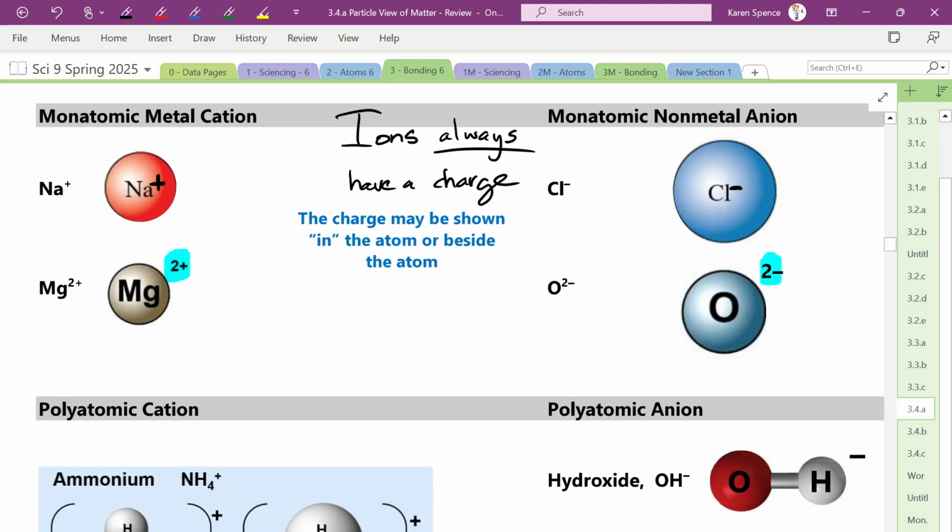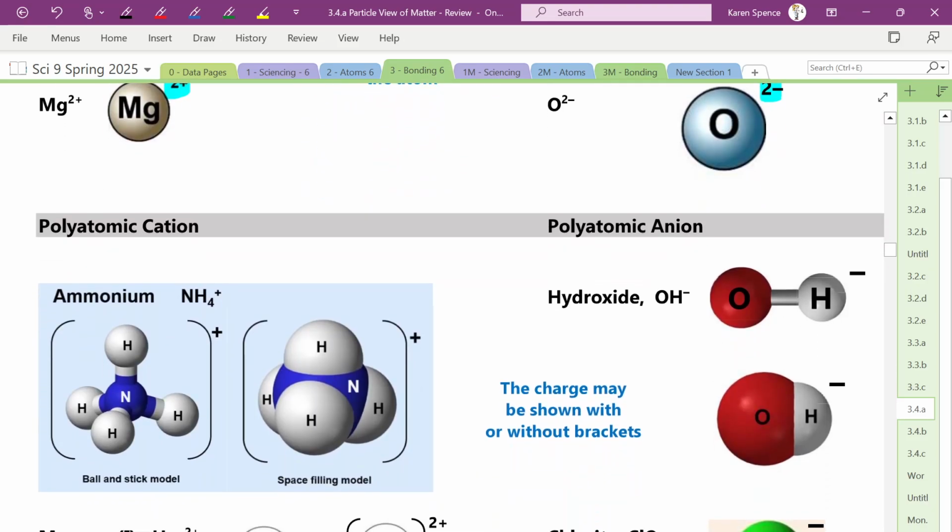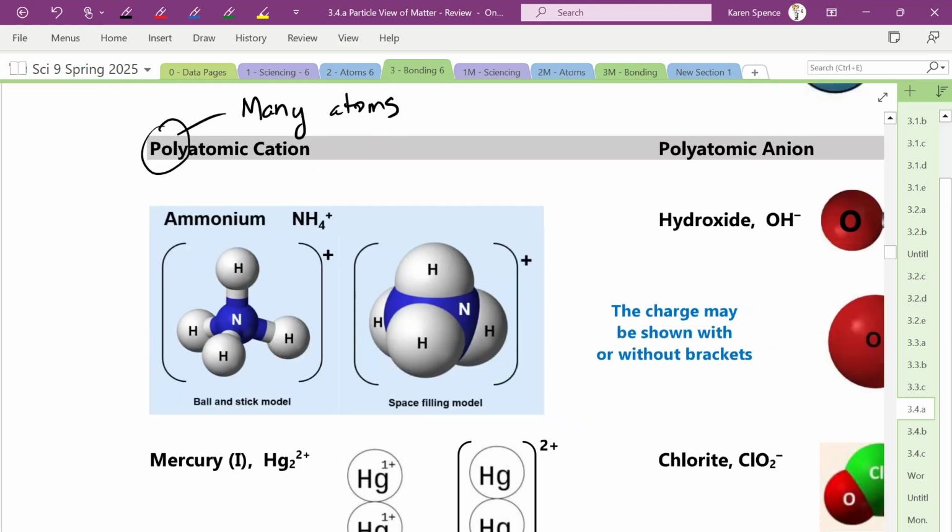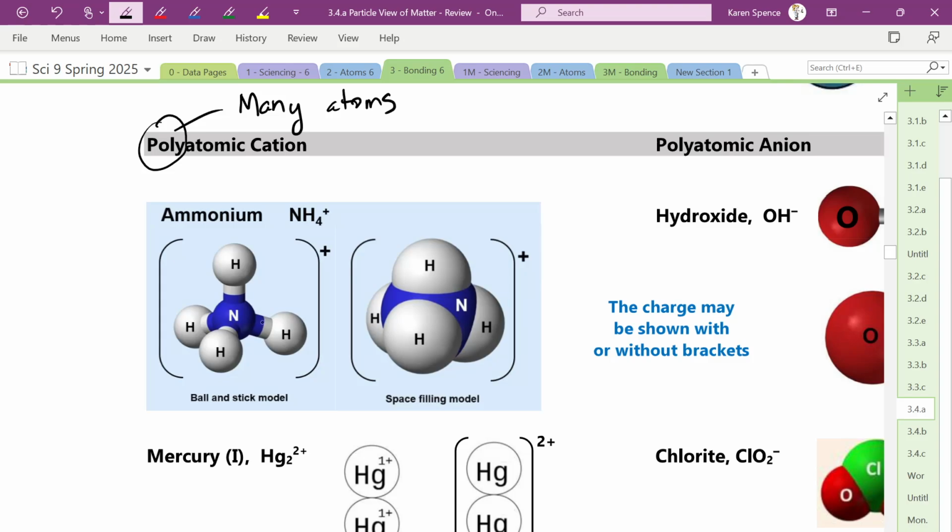Here are some polyatomic ions. You can notice we have many atoms. Poly meaning many. And here we have a ball and stick model of ammonium. Ammonium is NH4. But do you remember with Bohr models what we did when it had a charge?